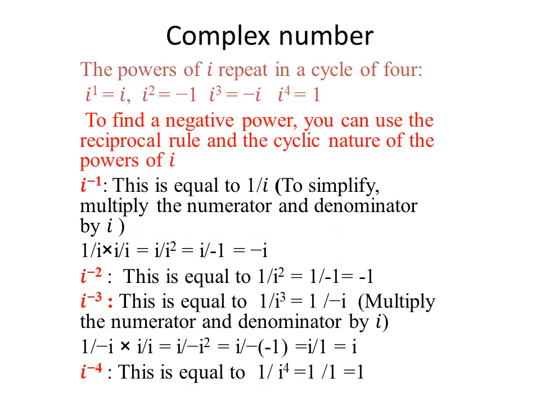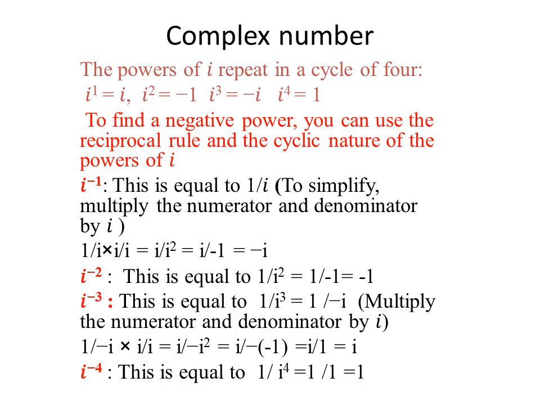After that, powers of i repeat in a cycle of 4, that is i to the power of 1 is i, i² is -1, i³ is -i, and i to the power of 4 is 1. To find a negative power, you can use the reciprocal rule and the cyclic nature of the powers of i. i to the power of -1 is 1 by i.